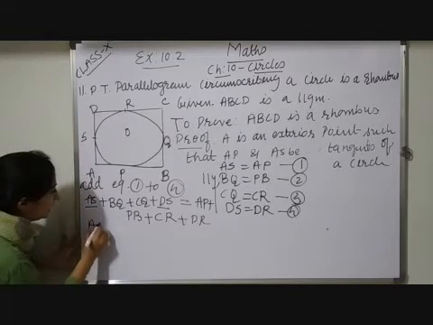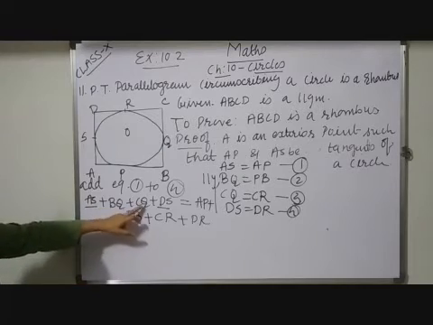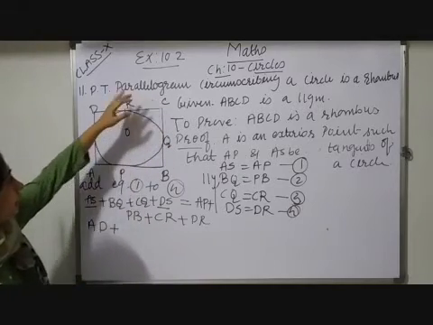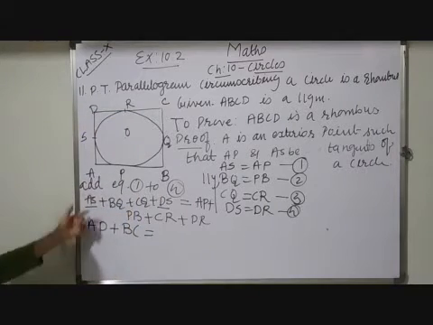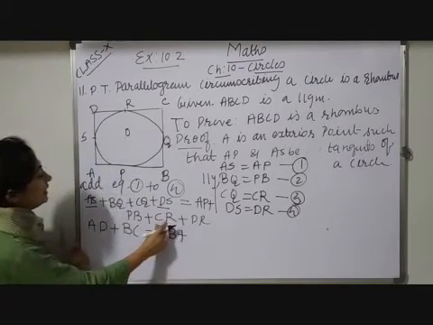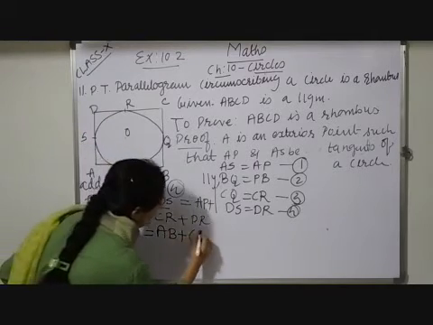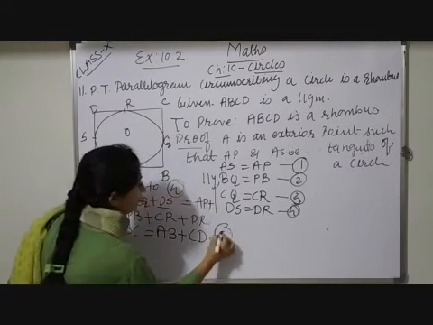So AD plus BQ plus CQ, which is BC, equals AP plus PB, which is AB, plus CR plus DR, which is CD. Let this be equation number 5.